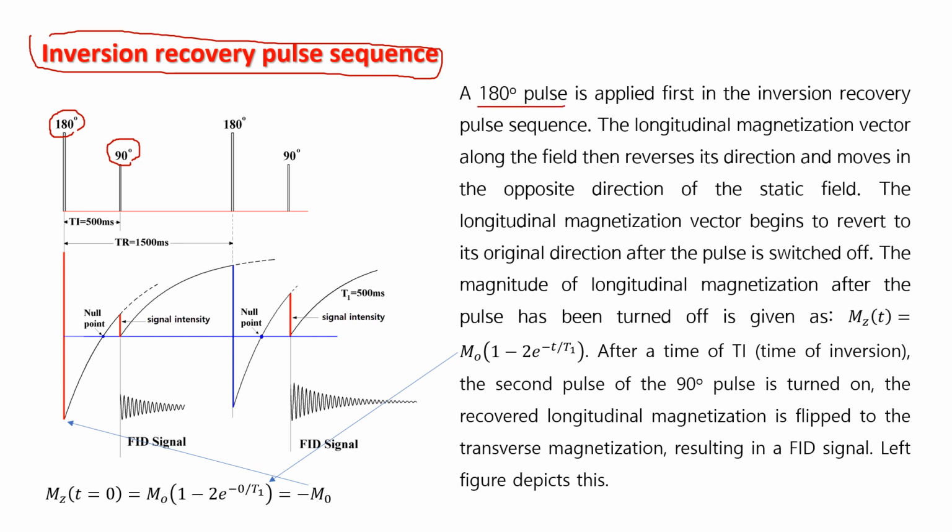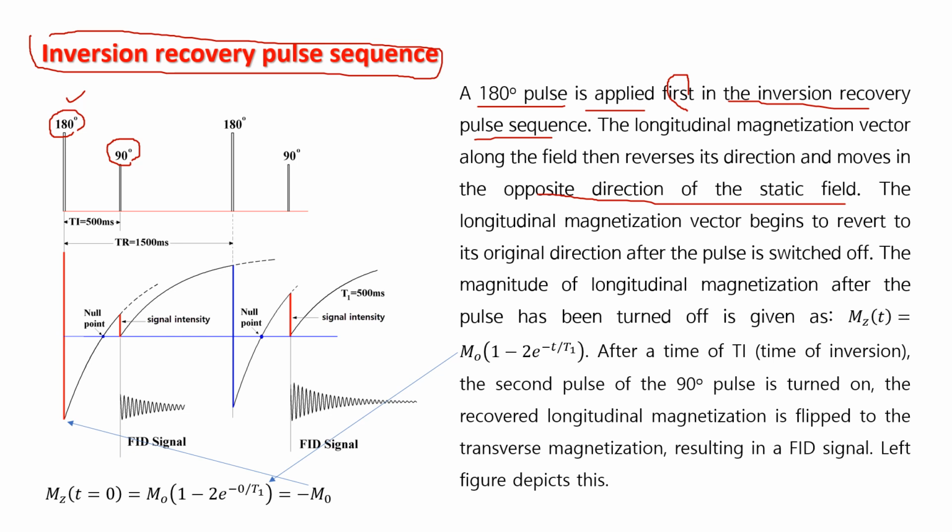A 180-degree pulse is applied first in the inversion recovery pulse sequence. The longitudinal magnetic vector along the field then reverses its direction and moves in the opposite direction of the static field.